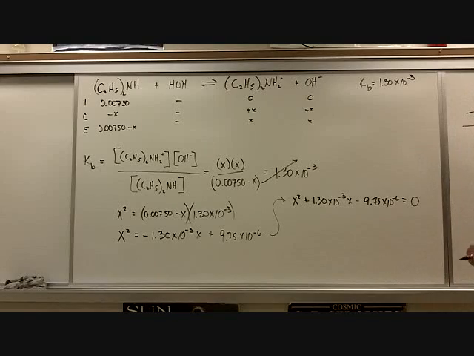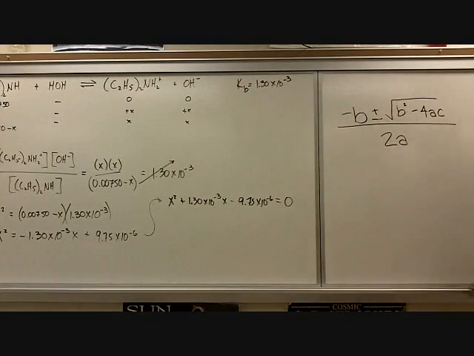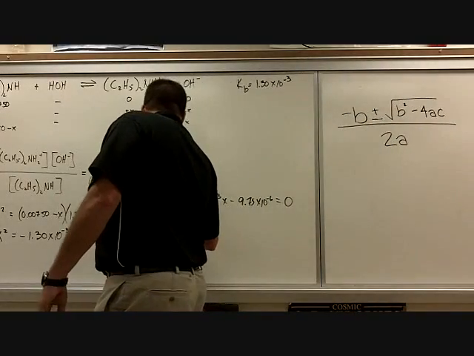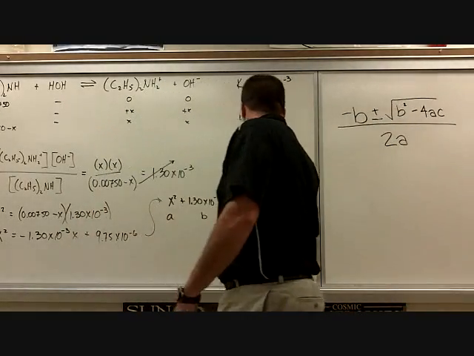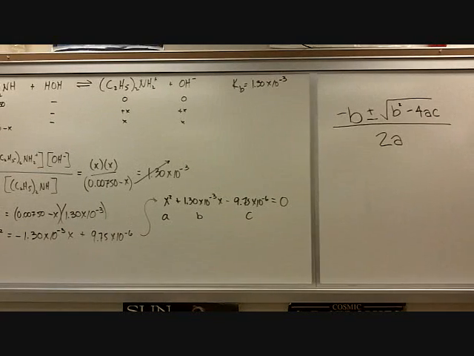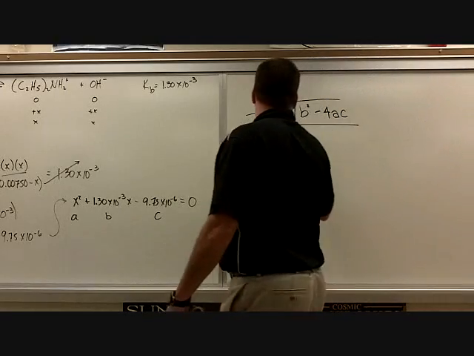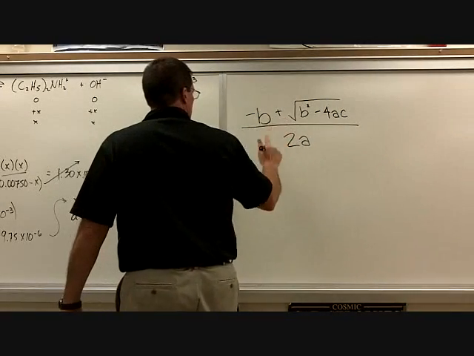All right, so using the quadratic equation, this is A, this is B, that is C. Let me scoot that over. So using this equation, we'll get rid of the negative sign.